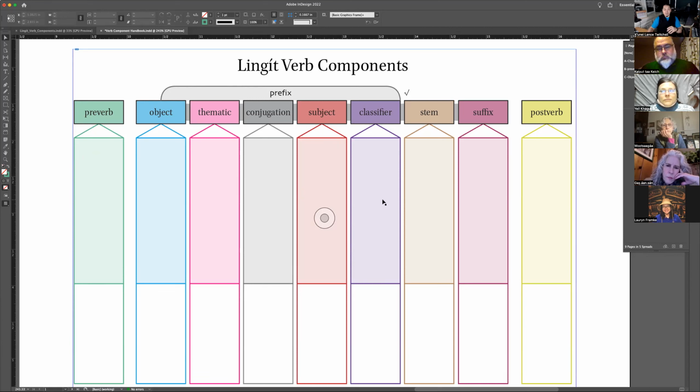So sometimes we're going to use this board to put the pieces together and then focus on, when you have this and this and this, how do those sounds smash together? Because Lingít smashes together all the time.